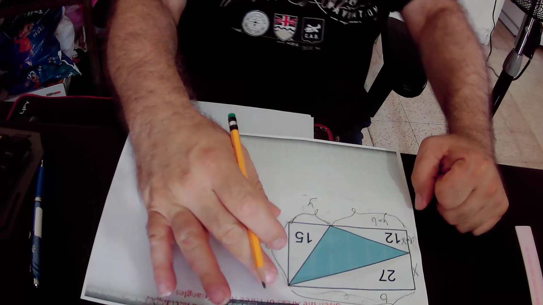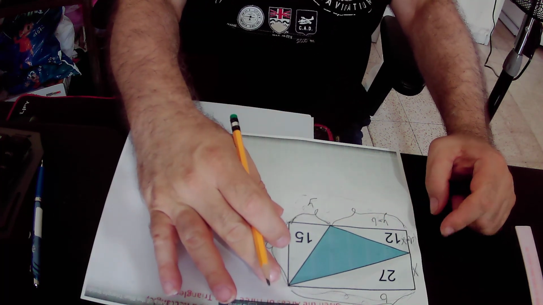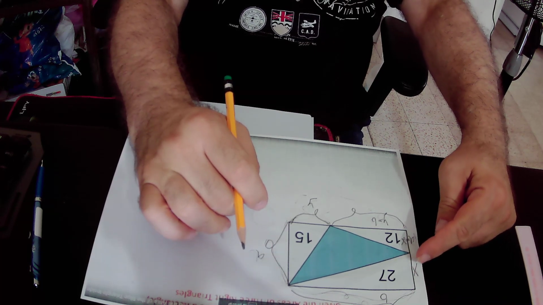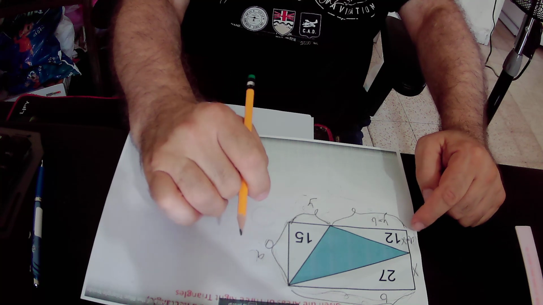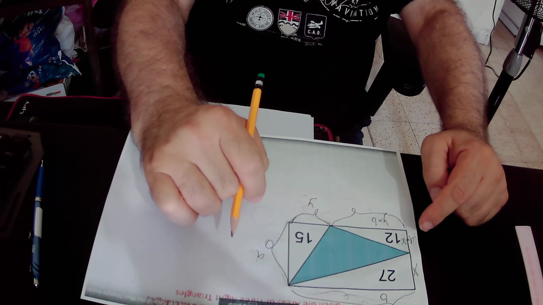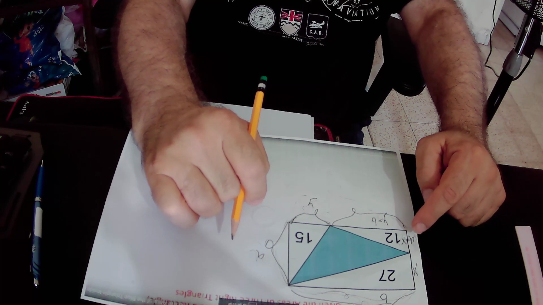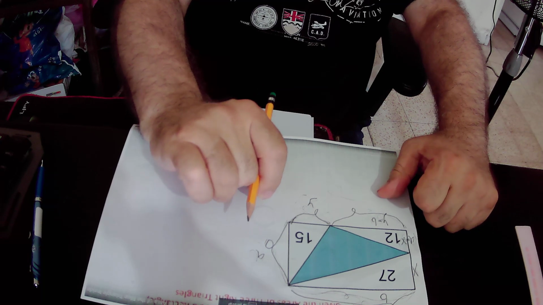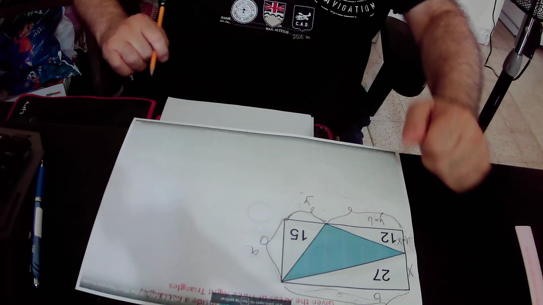The width of this rectangle minus the height of this triangle equals the height of the triangle whose area is 12 units. So A minus X is the height of the triangle whose area is 12 units. Okay?